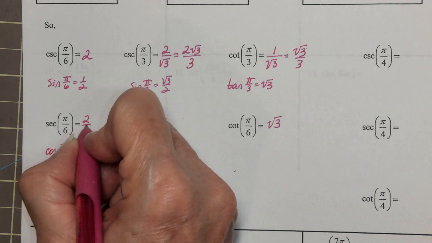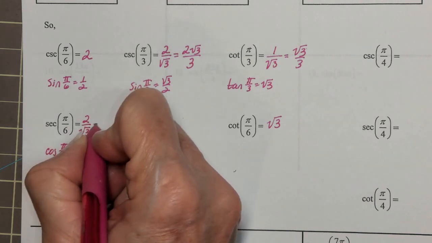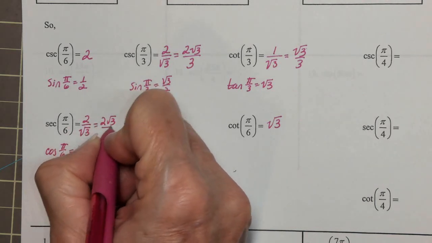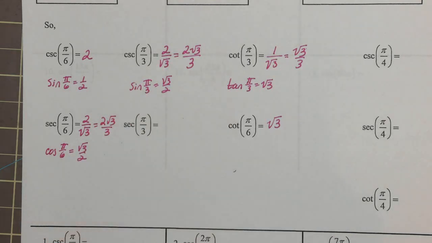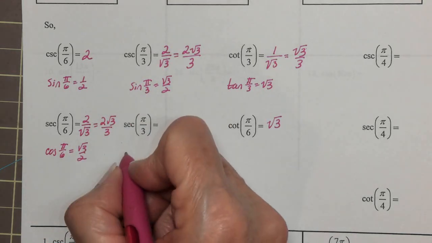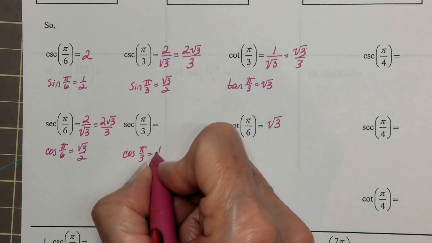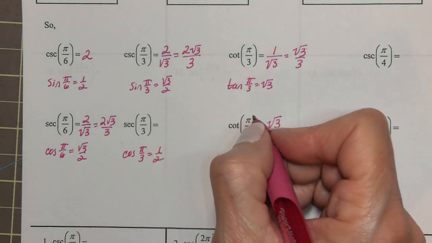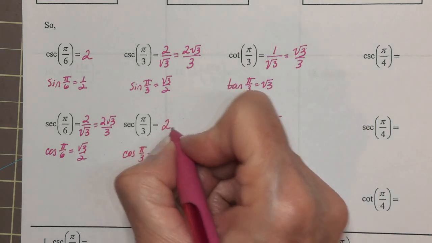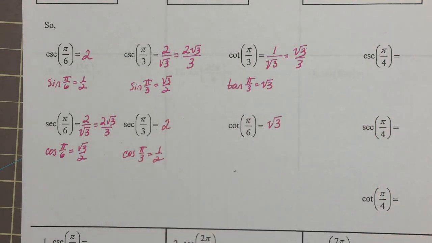So this reciprocal will be 2 over square root 3, which is 2 square root 3 over 3. Secant of pi over 3 is the reciprocal of cosine of pi over 3. Cosine of pi over 3 is 1/2, so secant of pi over 3 is 2. Alrighty.